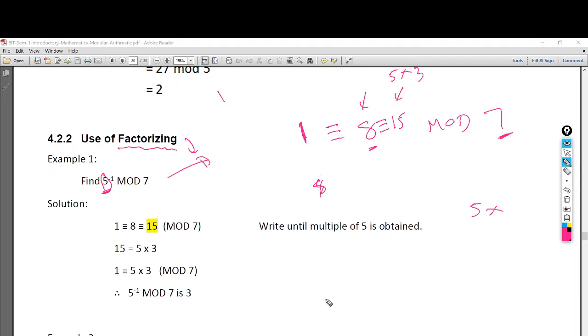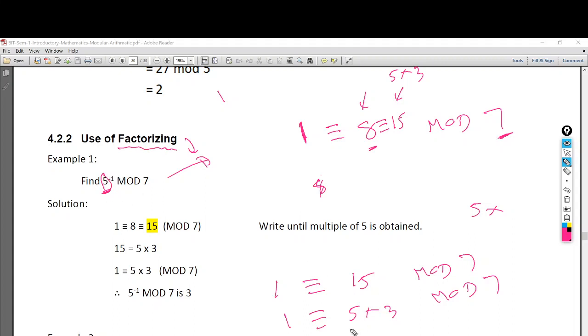So now I know that 1 is congruent to 15 mod 7, and I can write 15 as 5 into 3 in mod 7, right? Now, what is the definition of inverse? What we want to find is 5 inverse.